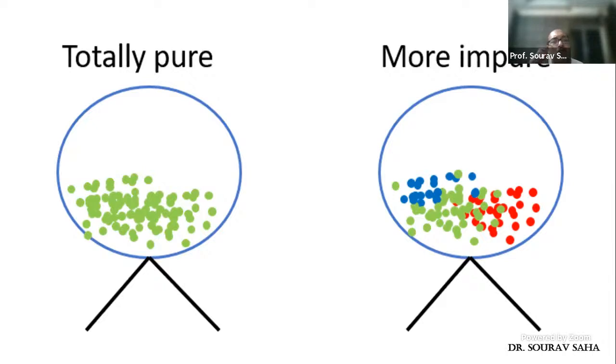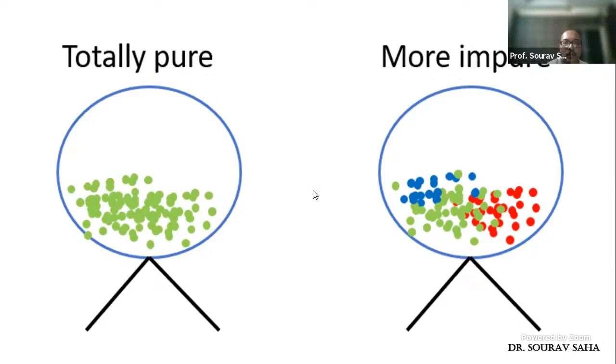If your target class is uniform, it doesn't matter how the distribution of the features is. It is going to be pure. Vis-a-vis, your features might be pure or impure, but if your target is not pure, right? There are different classes remaining out there. Then we have a lot of impurity, right?